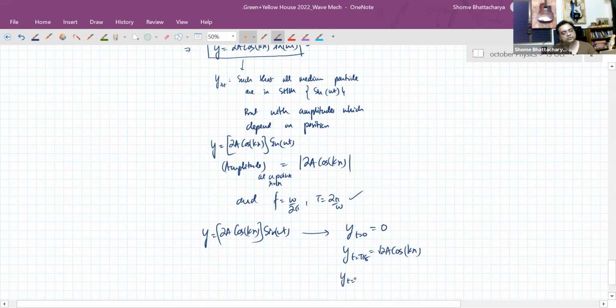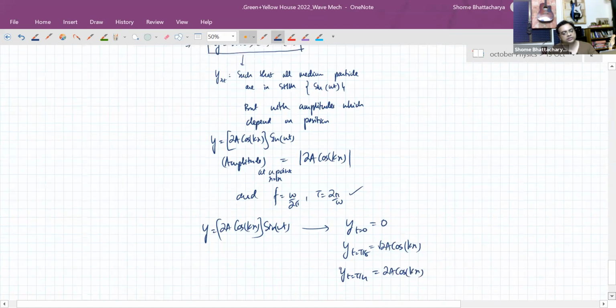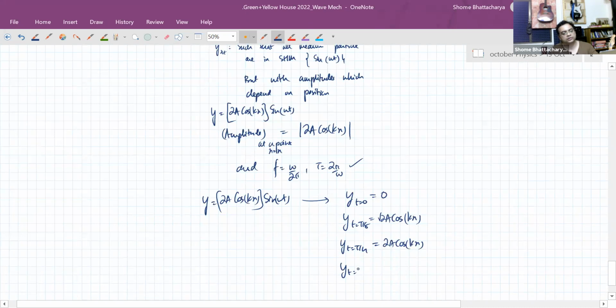At t equal to T by 4, the sine omega t term becomes sine pi by 2, so it becomes 1, giving 2a cos kx. Then at t equal to 3T by 8, again it becomes root 2a cos kx.